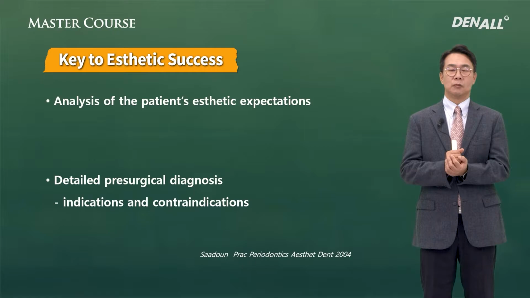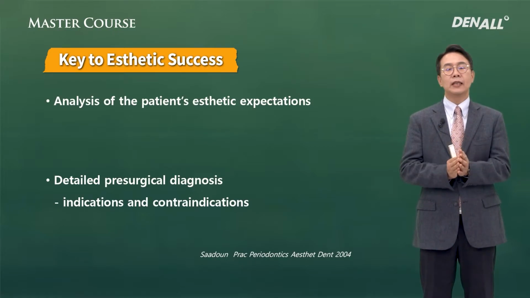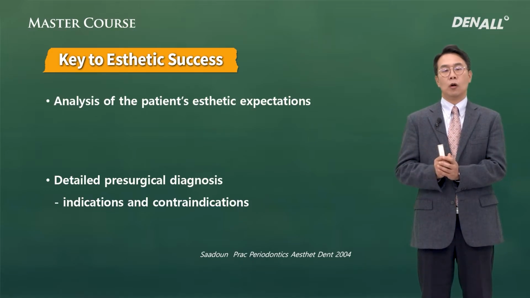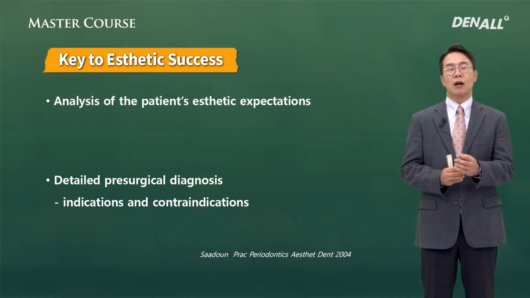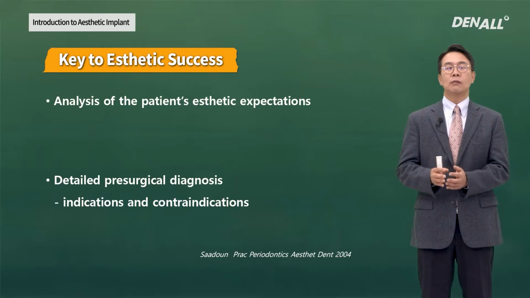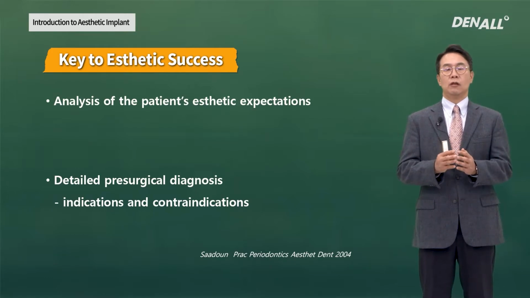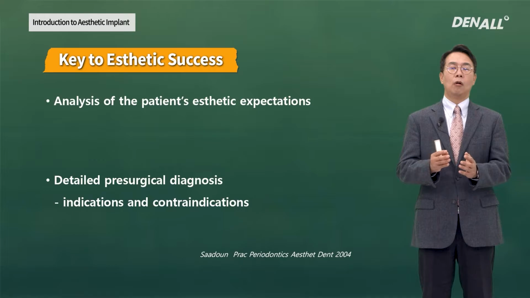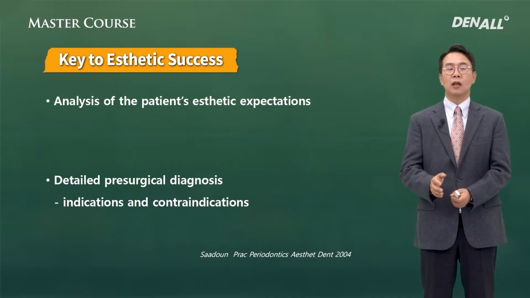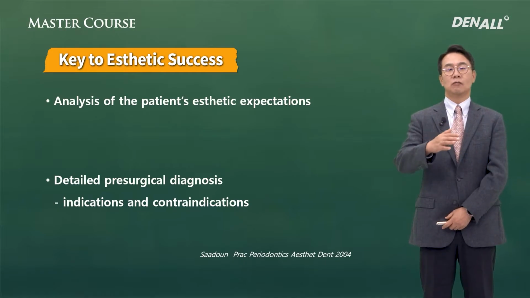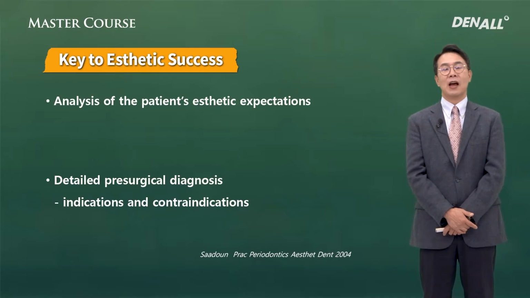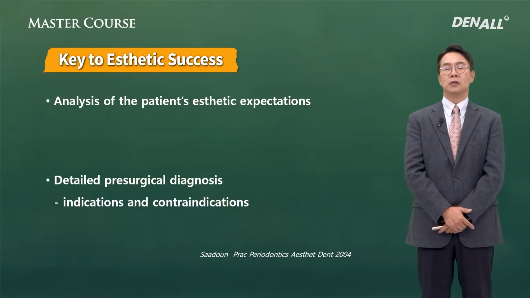This is very important, and this can be subjective. We need to analyze the patient's aesthetic expectations. When we have a consultation with the patient, we can easily miss this. For example, if there's a lot of gingiva recession in a patient and a lot of loss in the interdental papilla, but the patient wants the recovery of those as good as young people or entertainers, it's not something we can do.